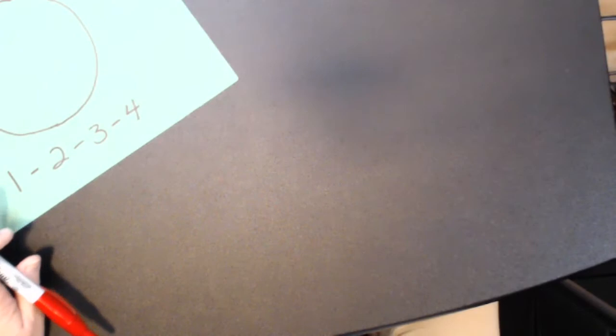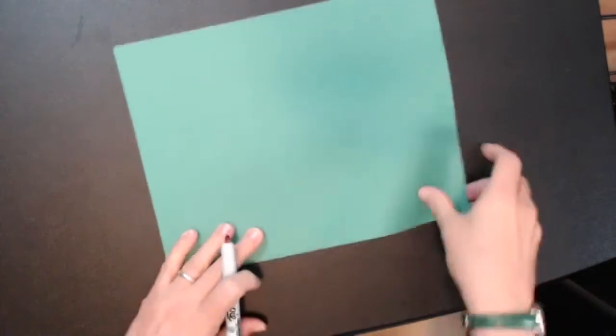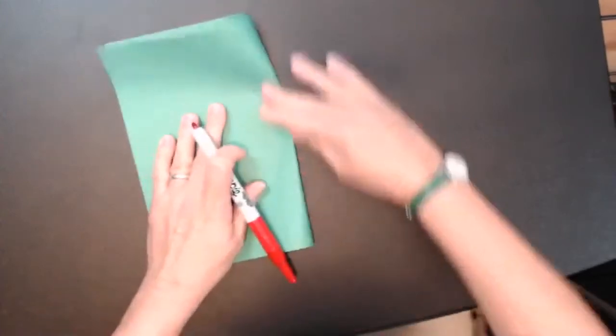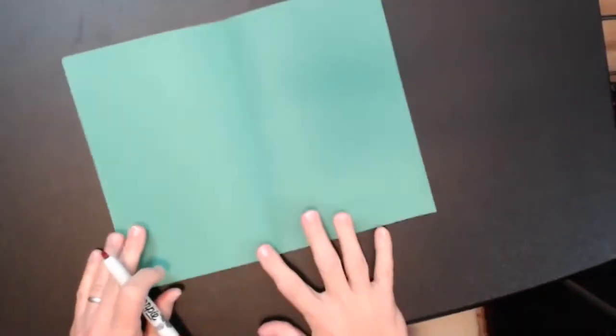Now let's get another piece of paper. And instead of a whole note, we're going to fold our paper in half and put a crease on it. So we're going to make it into 2 pieces. See both of those pieces there?